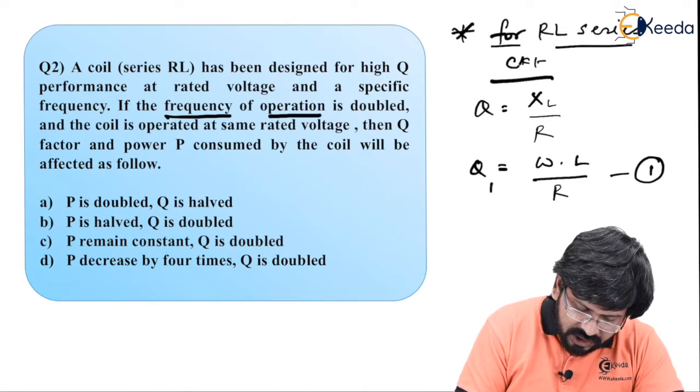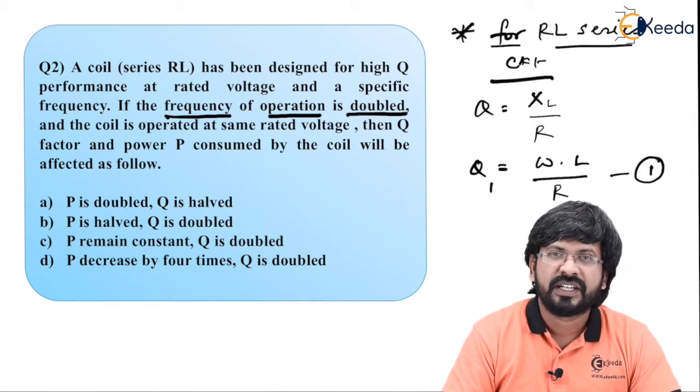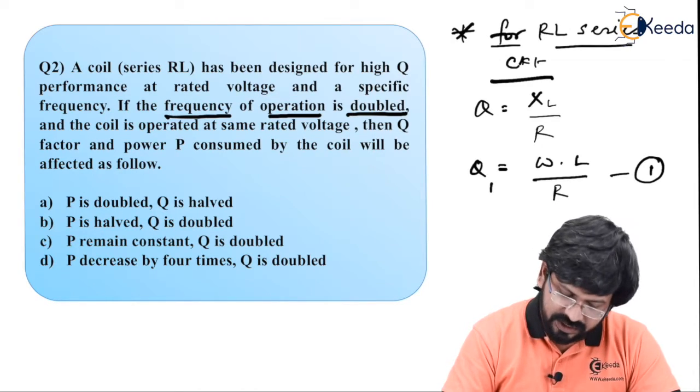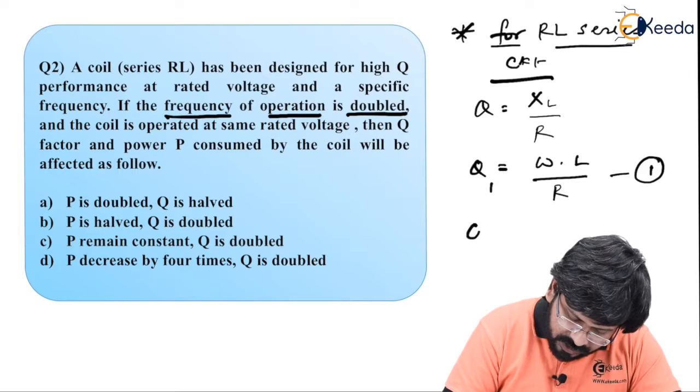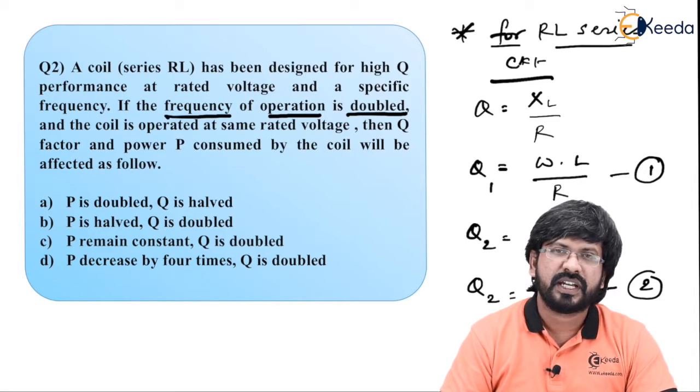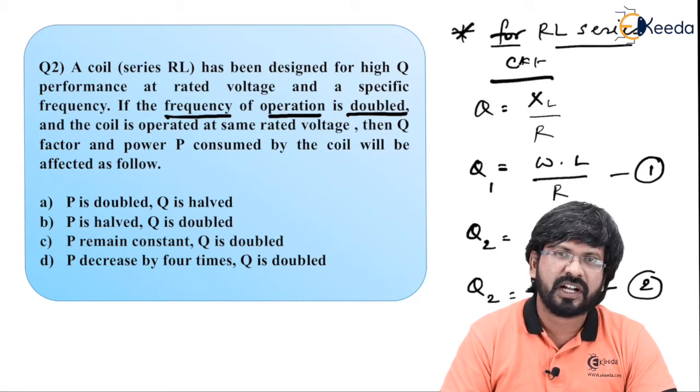Frequency of the operation is doubled. It means if previous it was omega, the new omega becomes twice of omega. Therefore, a new quality factor will be twice of omega L upon R. Or I can write Q2 is simply omega L upon R is Q1. So, Q2 is twice of Q1, which is equation 2. So, what we can conclude is if the frequency is doubled, then quality factor also gets doubled.